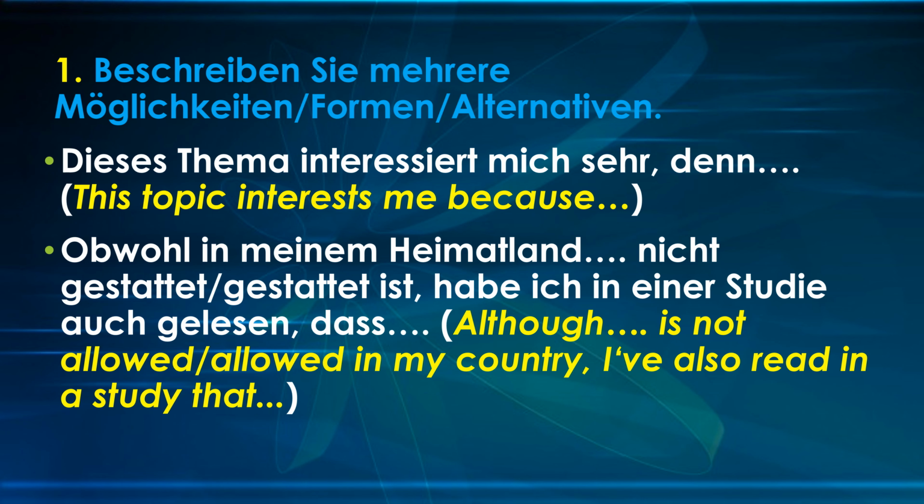For example, if it was fit bleiben, I would say that, obwohl in meinem Heimatland fit bleiben gestattet ist, aber ich auch in einer Studie gelesen das, fit zu bleiben, man könnte in ein Fitnessstudio gehen oder eine Diät machen. So, although blah blah blah is not allowed or is allowed in my country, I've also read in a study that, then you will have also nailed the part of beschreiben Sie mehrere Möglichkeiten, Formen or Alternativen. But let's look at an example.